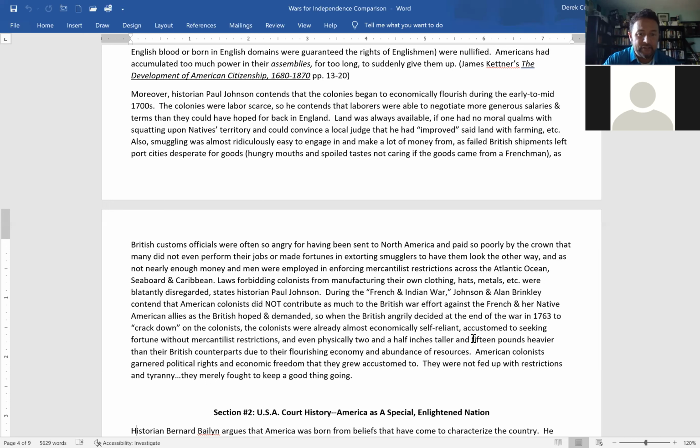the Americans are going to show a sense of camaraderie, a sense of unification that was not anticipated by the English. They're going to form their committees of correspondence that are going to connect the assemblies from one colony to the next.